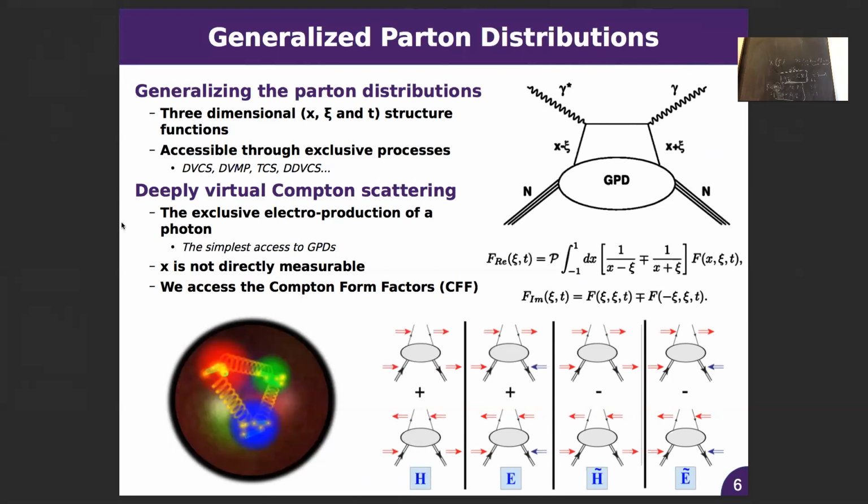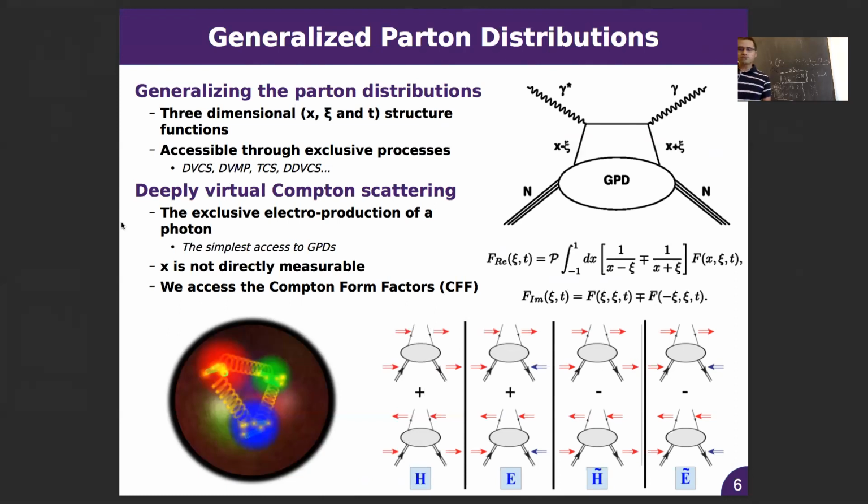DVCS in particular has issues, and the main issue is that x is not directly measurable. When you measure the DVCS diagram, x gets lost in the loop, and when you measure the Compton form factors, mainly the imaginary part, you're measuring at a specific point, x equals xi or x equals minus xi, and with some asymmetry you can get to the real part, but then it's just integrated over x.